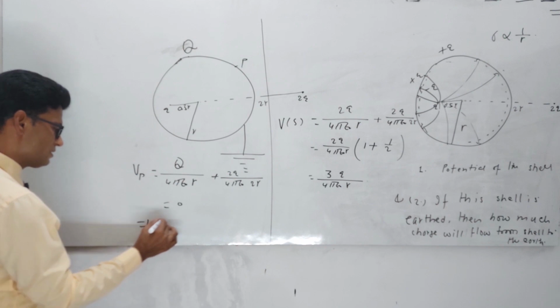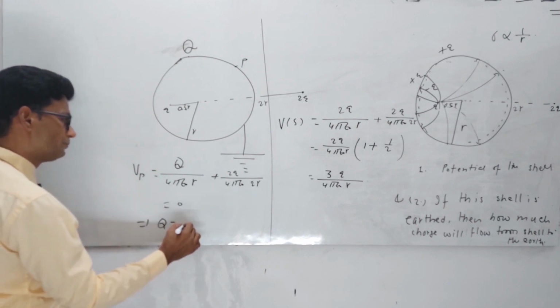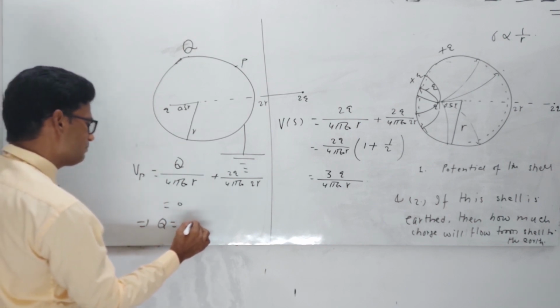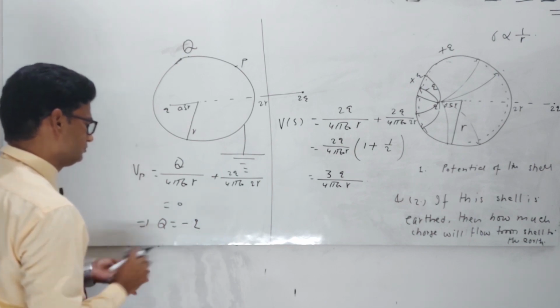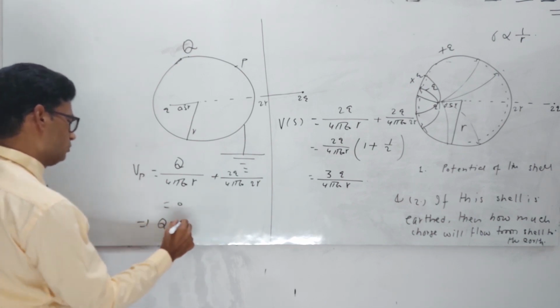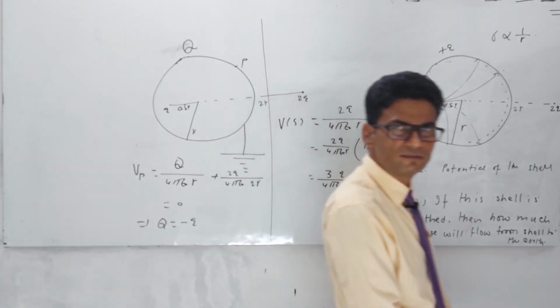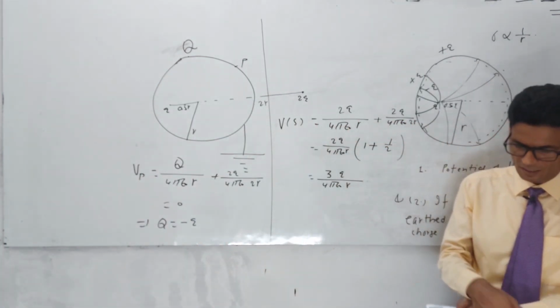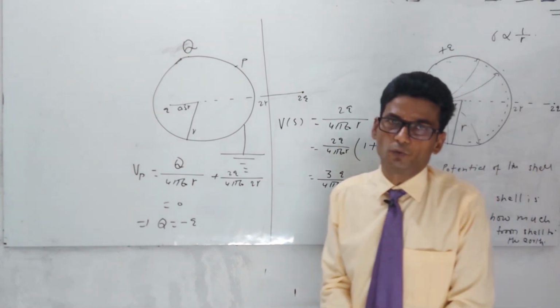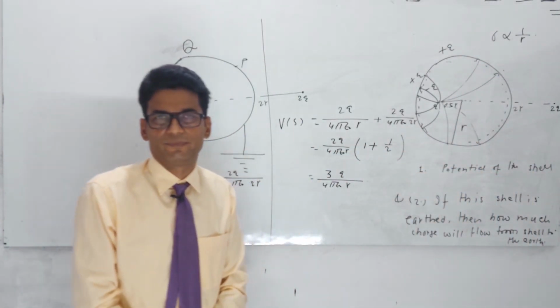So this implies Q is equal to minus q. The final charge after earthing on the shell is minus q.